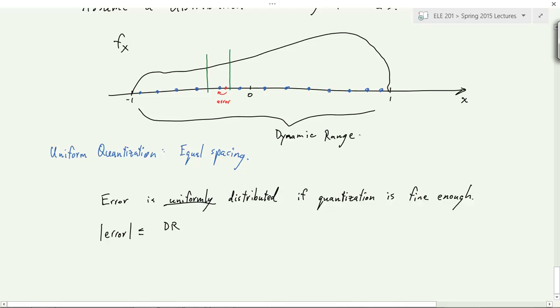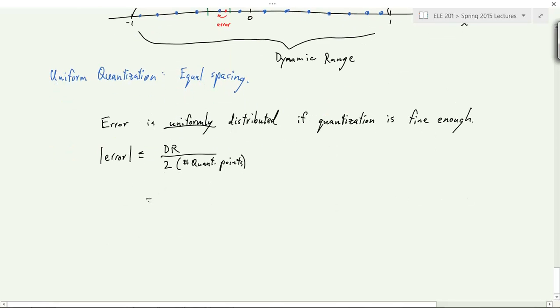So it's going to be the dynamic range divided by 2 times the number of quantization points. Now, if we're measuring quantization in bits, the number of quantization points is 2 to the b, where b is the number of bits. So let's say it's the dynamic range over 2 times 2 to the b. Okay, b is the number of bits.